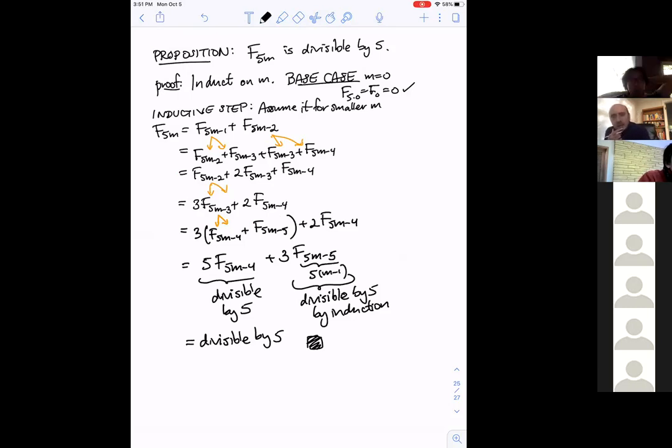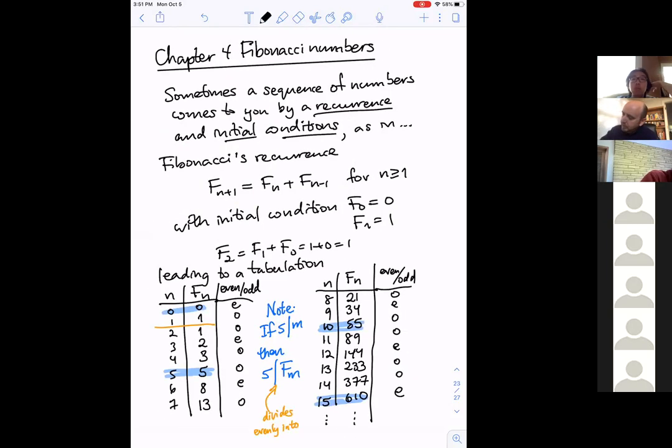Okay, but then people noticed something even more that generalizes. I mean, people just kind of went crazy with Fibonacci numbers once they started noticing things about them. Let's go back to our page of data. Let me take this over here. Our tabulation.